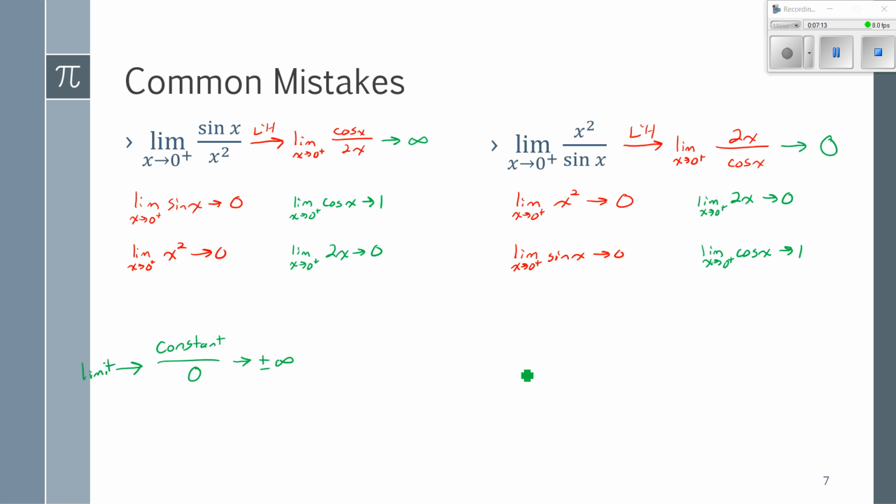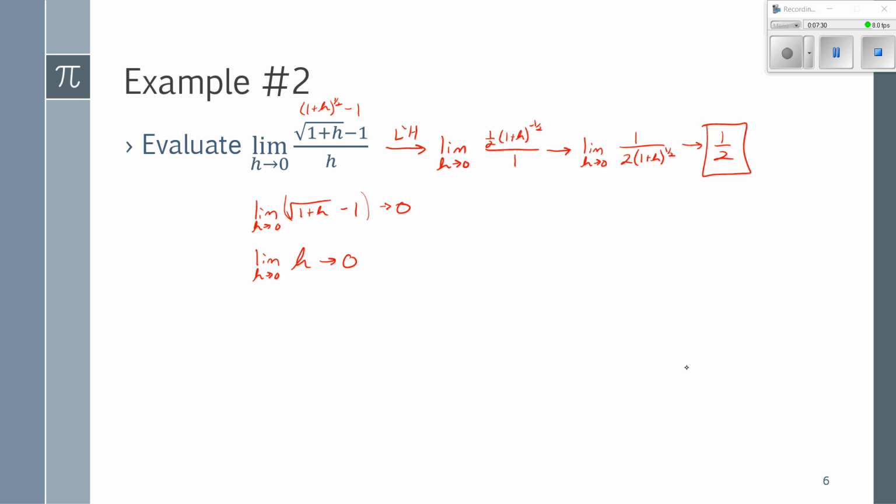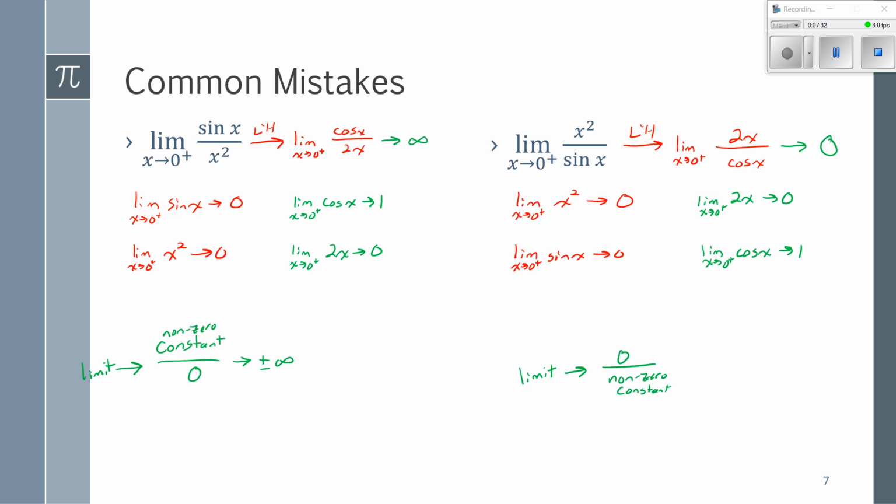And so what this means is if I have a limit that approaches 0 over a non-zero constant, and actually I should have said the same thing over here, a non-zero constant. Whoops. My apologies on that. I get 0.